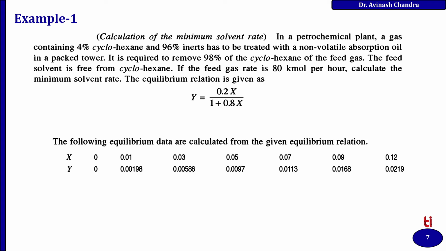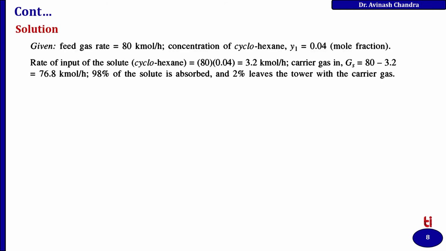The following equilibrium data are calculated from the given equilibrium relationship. So capital X and capital Y are given here. For the solution, the given values: feed rate is 80 kmol per hour, concentration is given y1 equal to 0.04 mole fraction, solute rate is 3.2 kilomole per hour, carrier gas GS is 80 minus 3.2, that is equal to 76.8 kilomole per hour, and 98% of solute is absorbed.